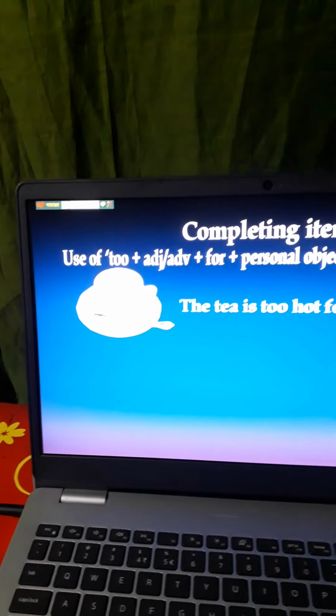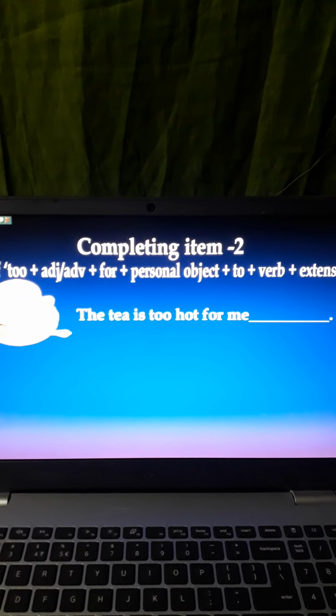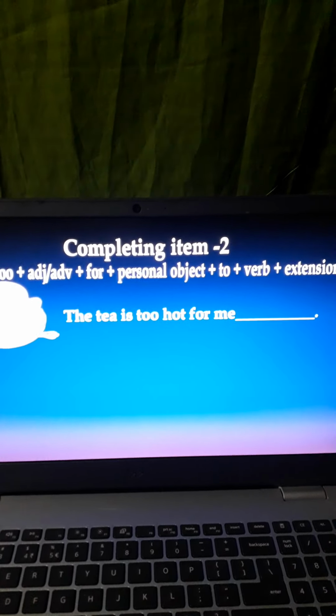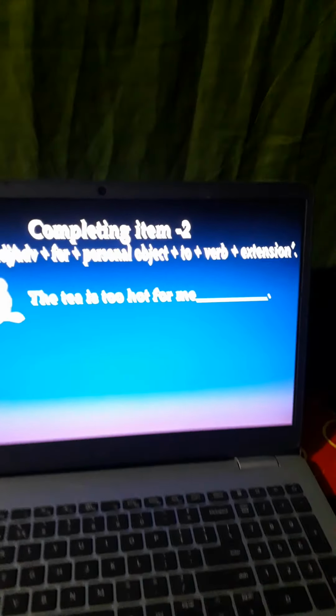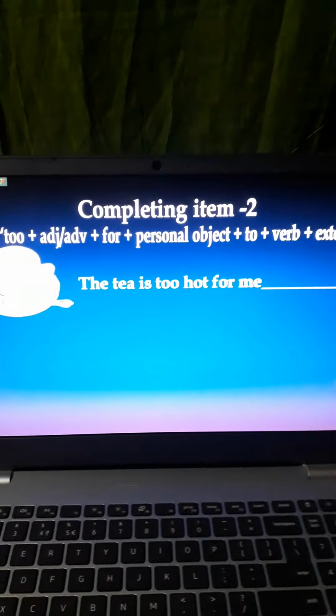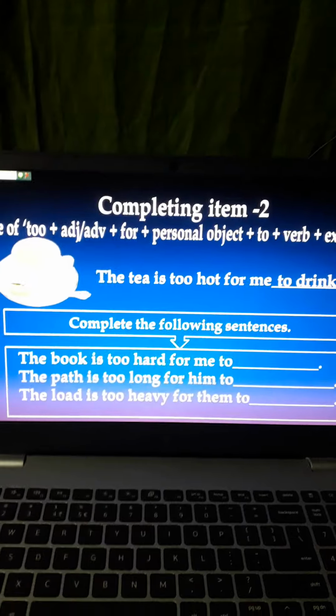The tea is too hot for me. Here, me is an example of personal object. Me dash to drink. Complete the following sentences, and this item is designed for your homework.